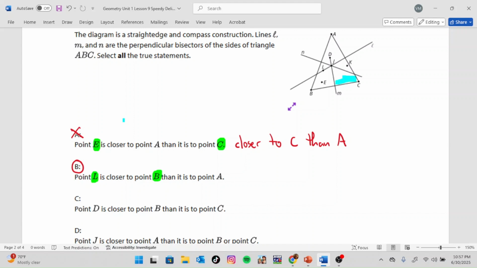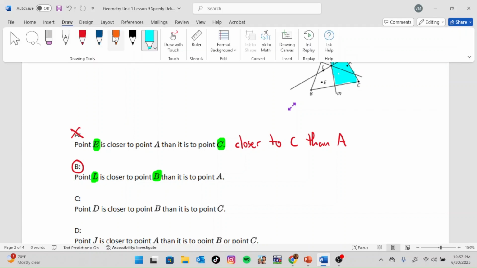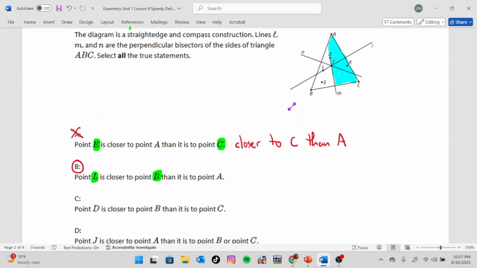So everything to the right of it is going to be shaded blue, and that is going to be closer to C. Everything to the left of it is going to get shaded green, and all of this would be closer to point B.